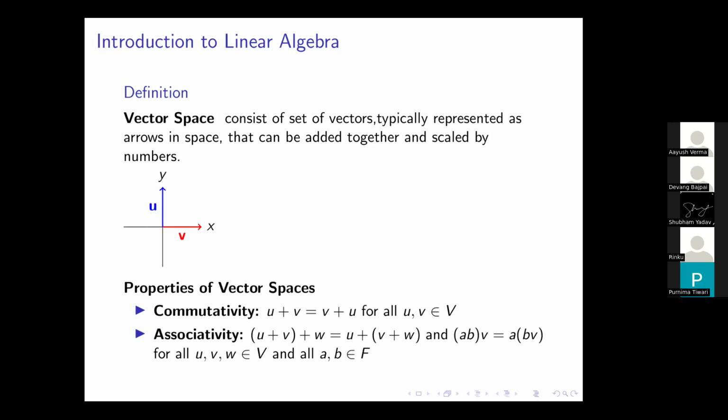So think of a vector space as a playground where you can do two things. You can add vectors together, like putting them end to end, and you can stretch or shrink them by multiplying by a number, or a scalar.